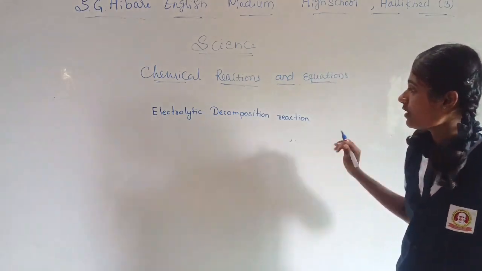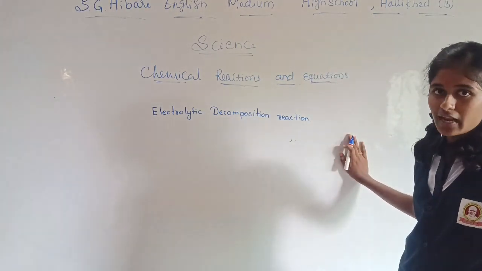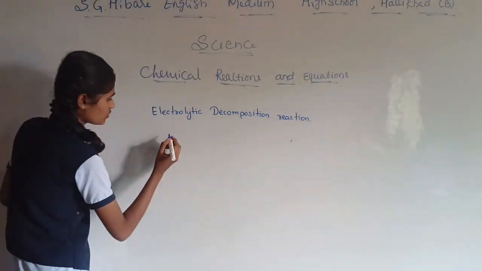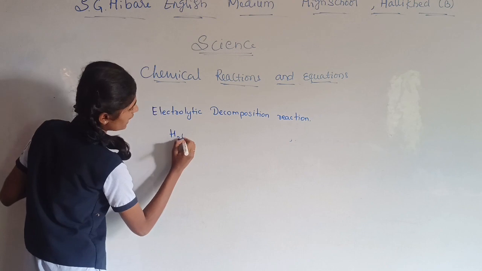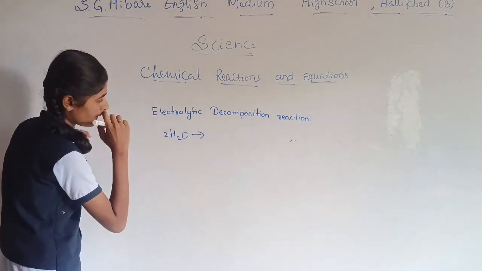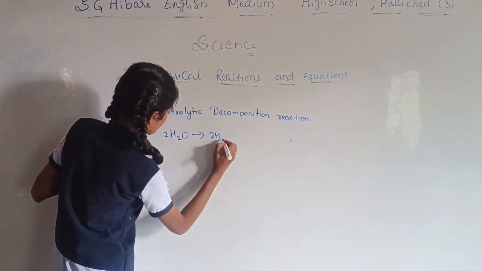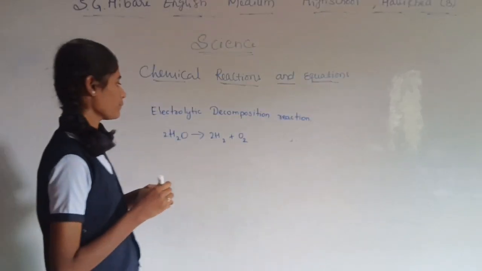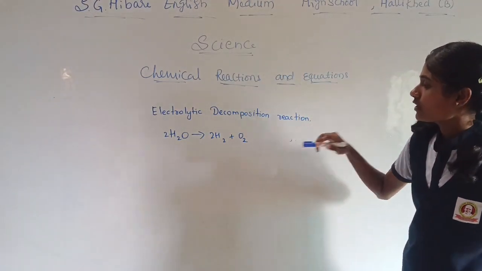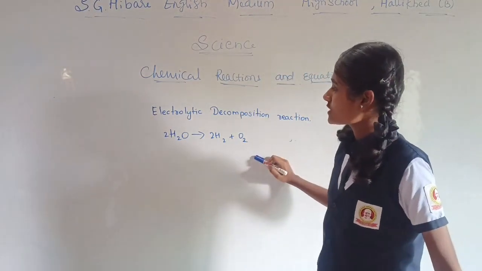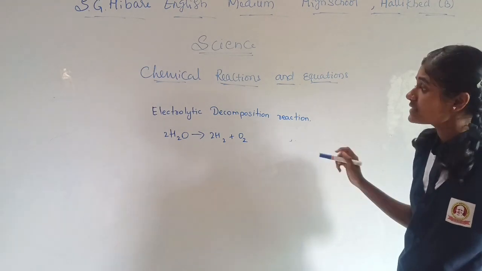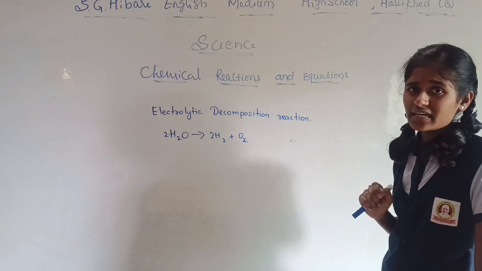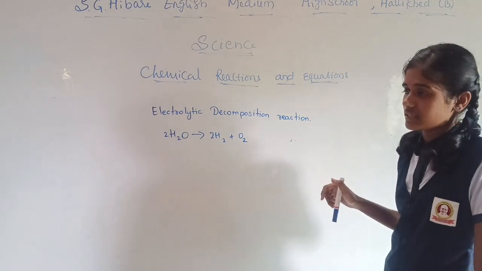As there are many methods to decompose, mainly by light, by heat, and by electrical energy. So take the electrolysis of water. Water is decomposed. The water molecules are divided to form hydrogen and oxygen through the electrolytic decomposition reaction. This is also known as electrolysis, where the water molecules are divided using the energy from electricity.